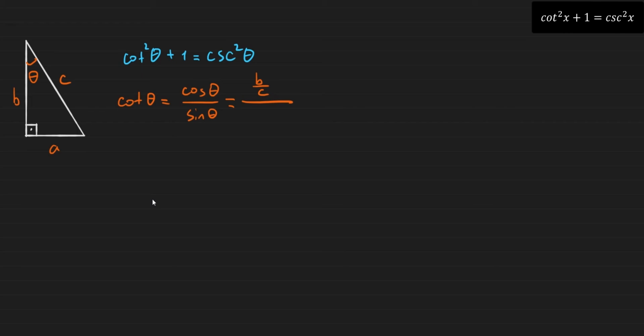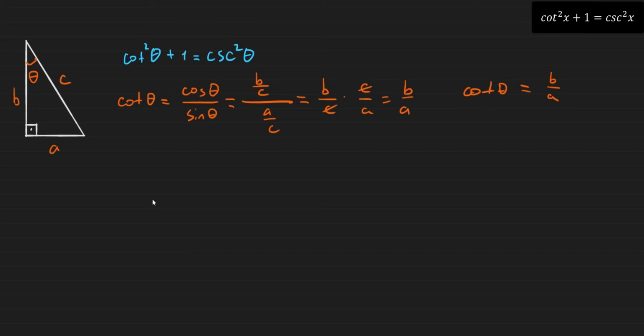And sine theta is opposite over hypotenuse, so that's A over C. When we divide, we get B over A. And that's our cotangent. So cotangent theta equals B over A.